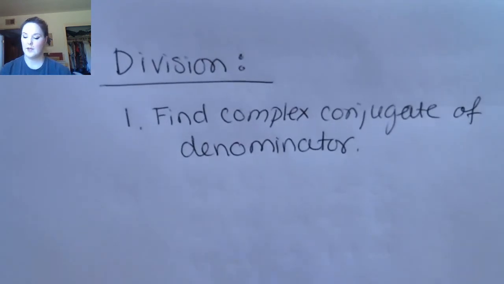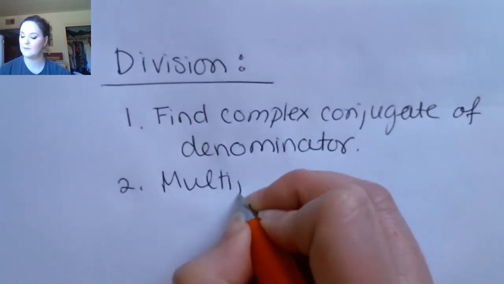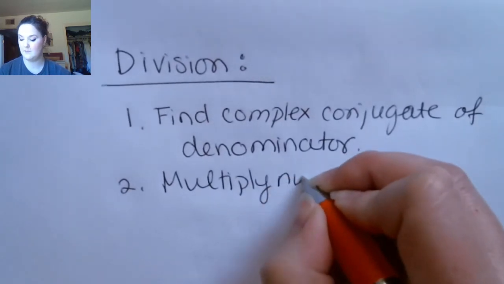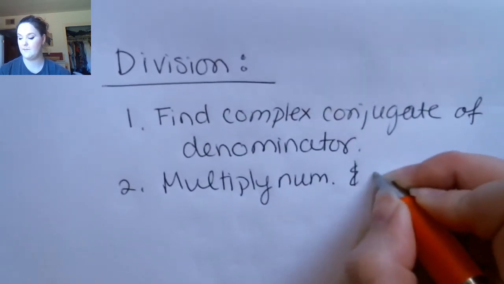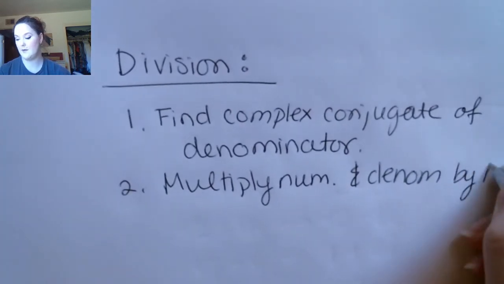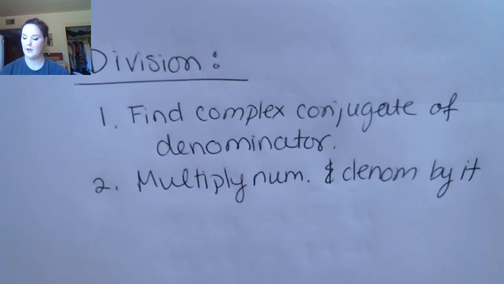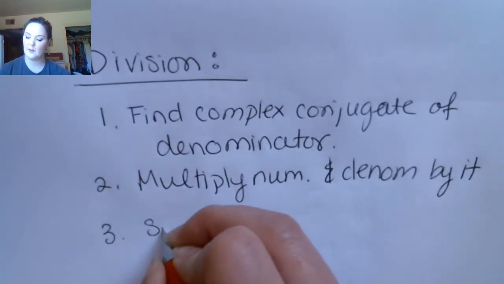Then we're going to multiply top and bottom by that number that we found in step 1. Then you are going to simplify top and bottom.